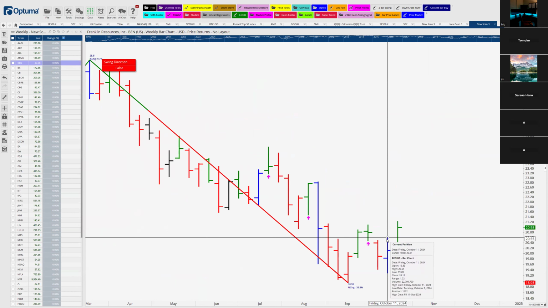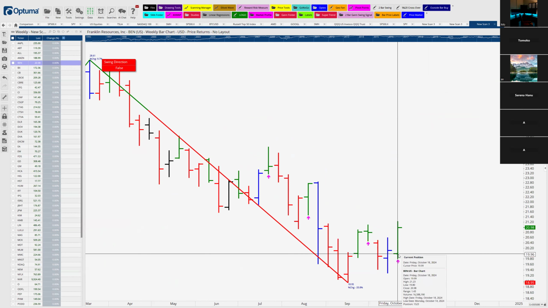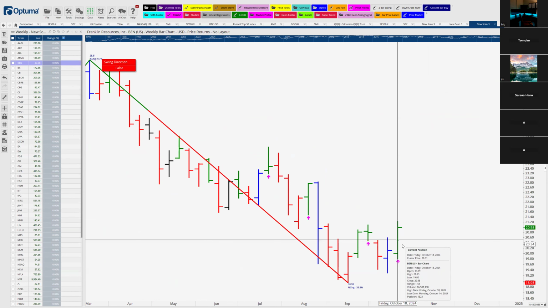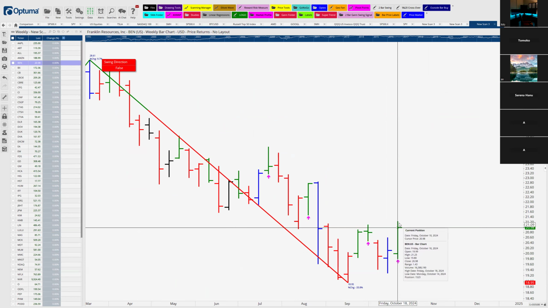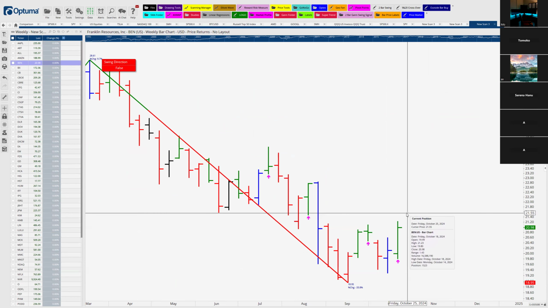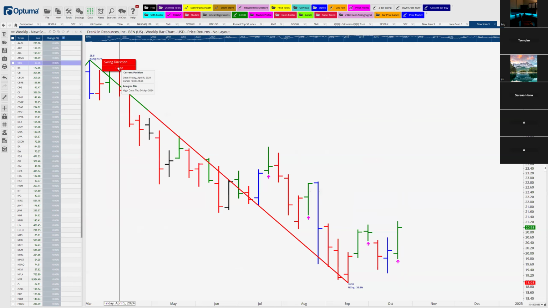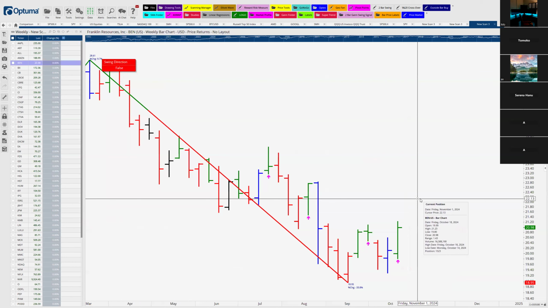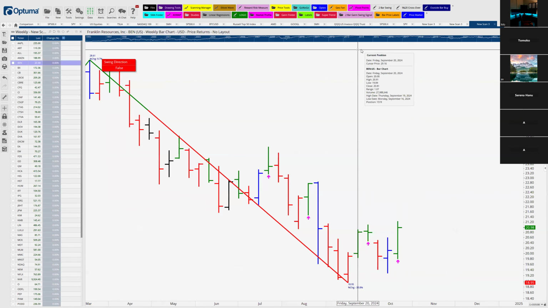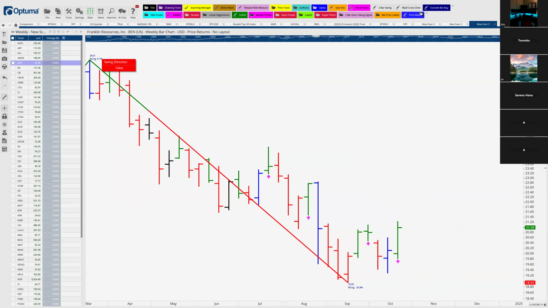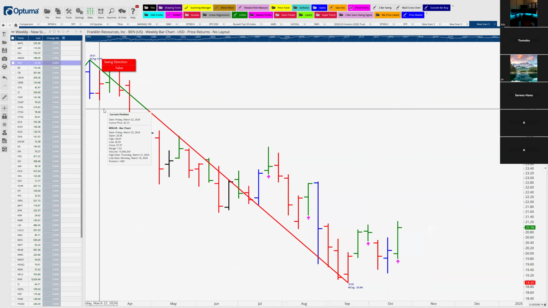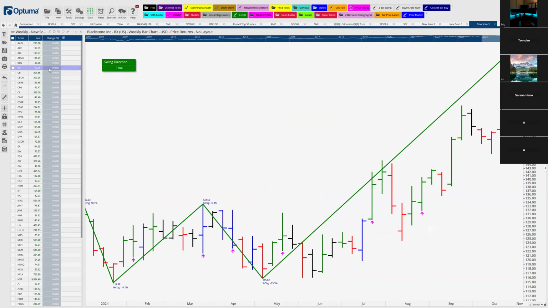See, it has one weekly higher outside bar. This week it made a higher bar. And now it's showing that it needs to take out one more higher bar, then the tile will turn true. So then you have three weekly higher highs. So right now, this stock has to crack 21.22 next week for this tile to turn.